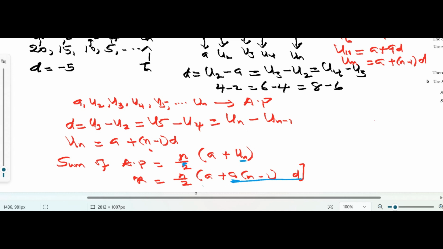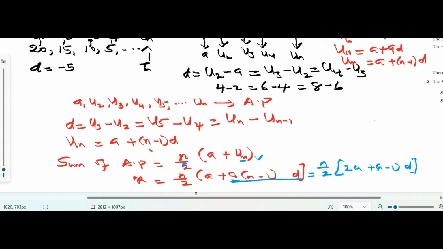So a plus a, this formula can be reduced to n over 2 open bracket 2a plus n minus 1 d. This is another formula for calculating the sum of an arithmetic progression when the number of terms, the first term and the common difference are given. If you only know the last term, the first term and the number of terms, you can use this.